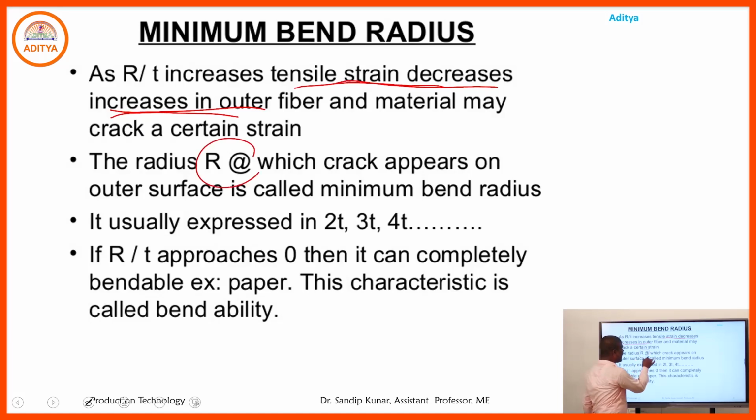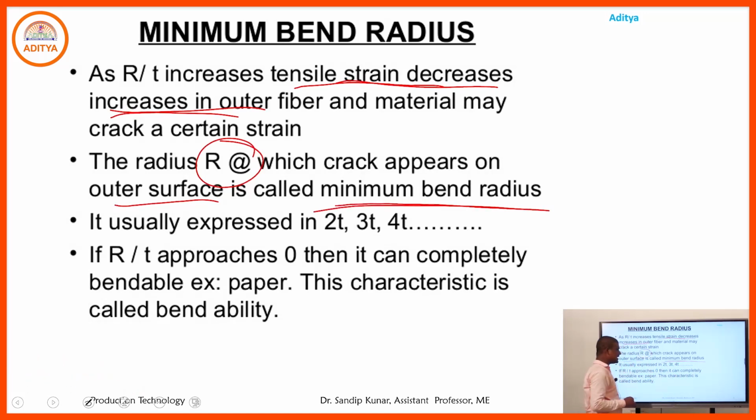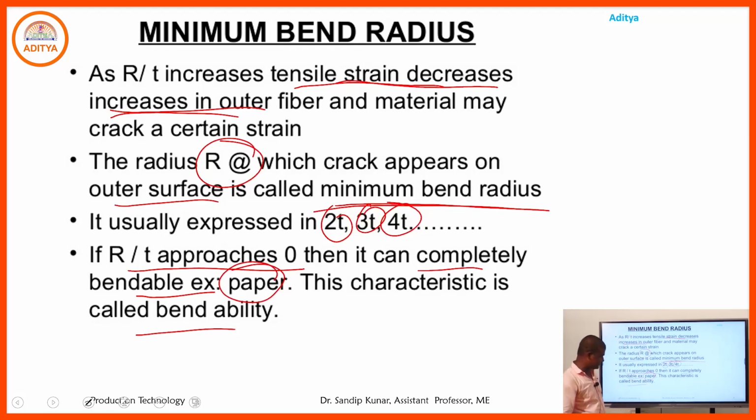The radius at which a crack appears on the outer surface is called the minimum bend radius. Generally it is expressed as 2T, 3T and 4T, and some other expressions also. If R by T approaches 0, the material is completely bendable, for example paper. This characteristic is called bendability.